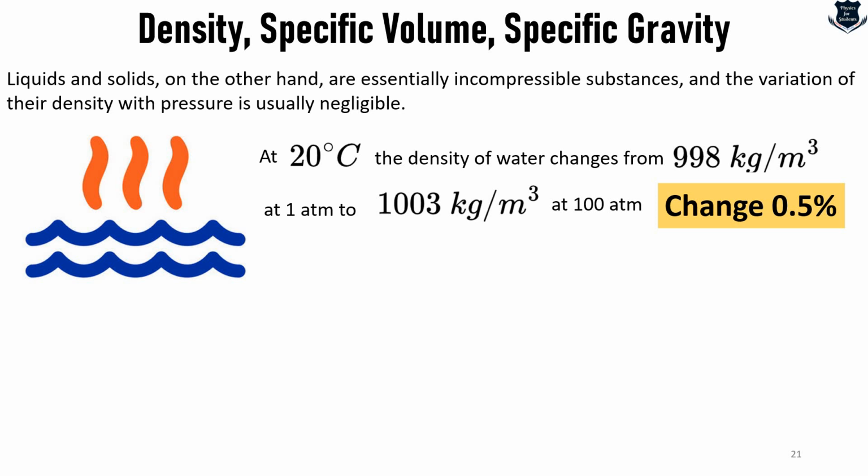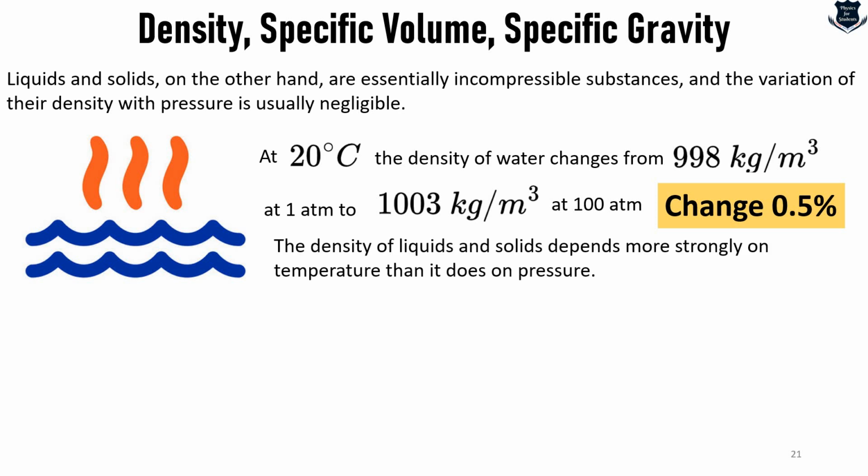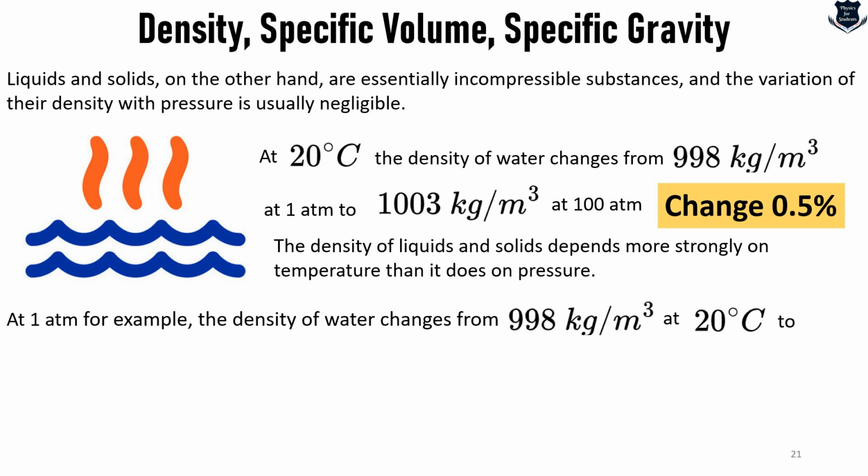Similarly, the density of liquids and solids depends more strongly on the temperature than it does on pressure. At 1 atm, the density of water changes from 998 kilogram per meter cube at 20 degrees Celsius to 975 kilogram per meter cube at 75 degrees Celsius.